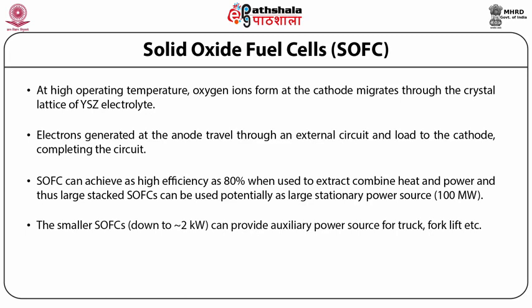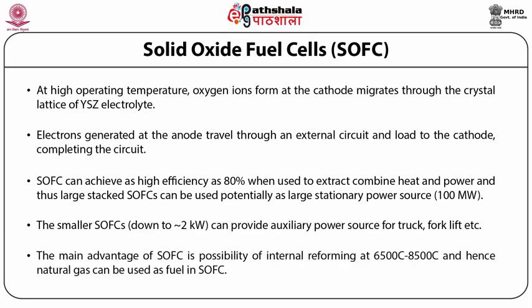The smaller SOFCs, down to 2 kW, can provide an auxiliary power source for trucks, forklifts, etc. The main advantage of SOFC is the possibility of internal reforming at 650 degrees Celsius to 850 degrees Celsius, and hence natural gas can be used as fuel in SOFC.